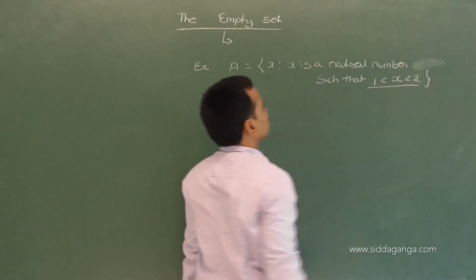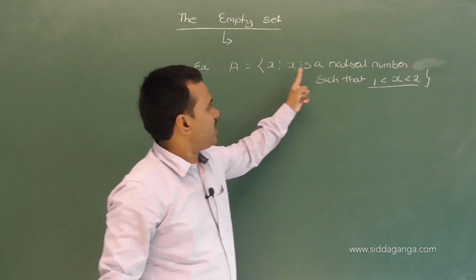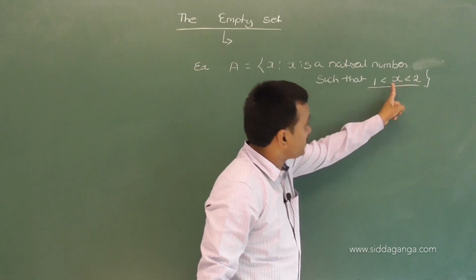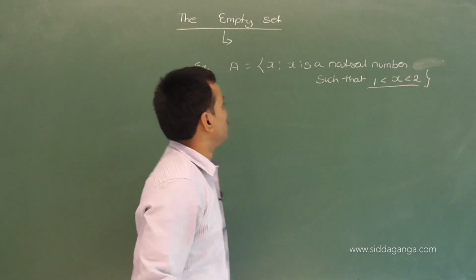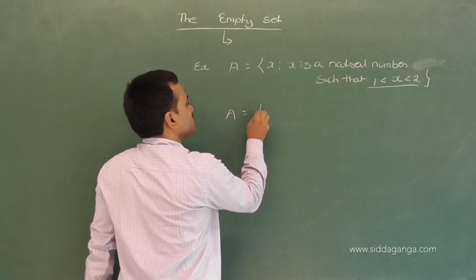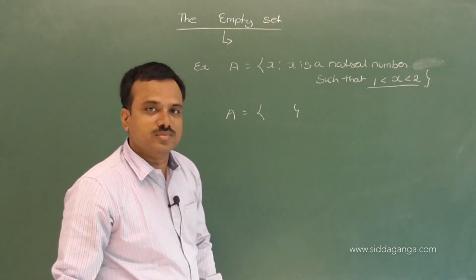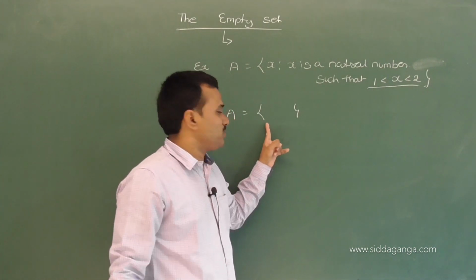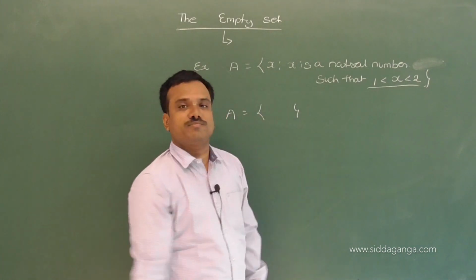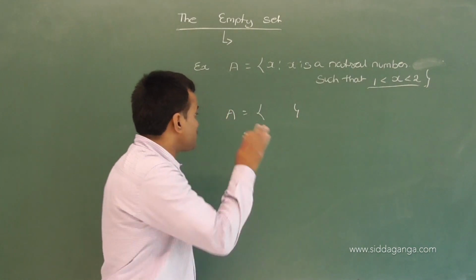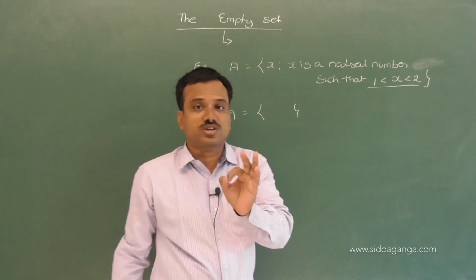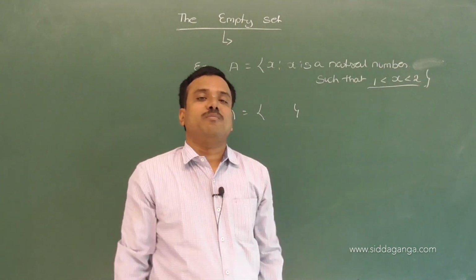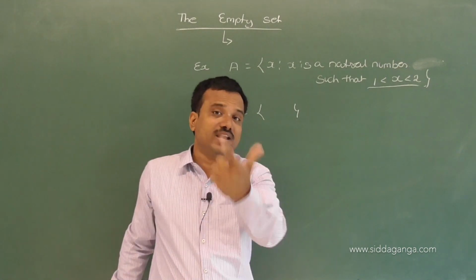Very important: x such that x is a natural number such that x must be greater than 1 and less than 2. That collection has no elements. Greater than 1 and less than 2, there is no natural number. Yes, na? In that collection it is empty. It has no elements. Then such type of sets are called what? Empty set. Empty set means it does not contain any elements.